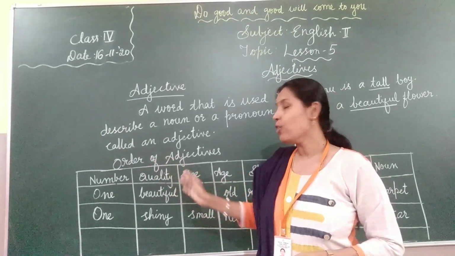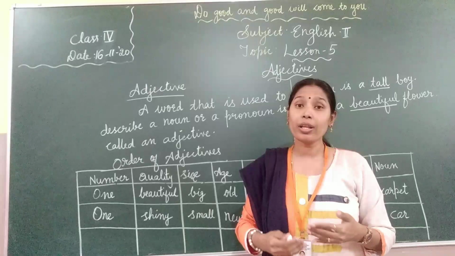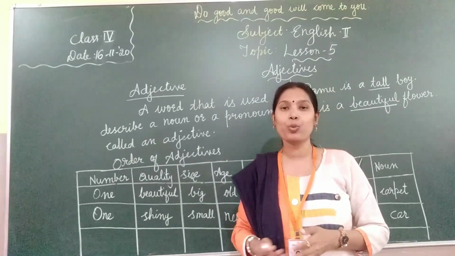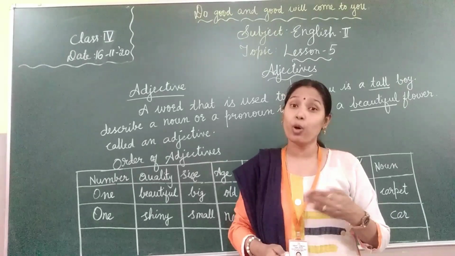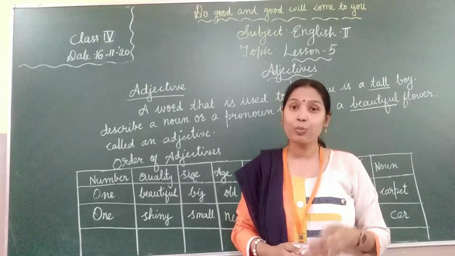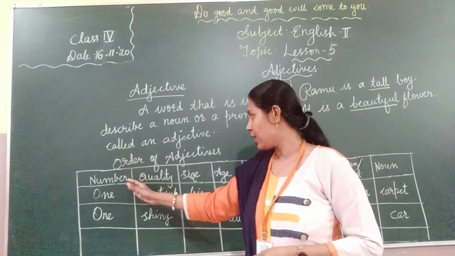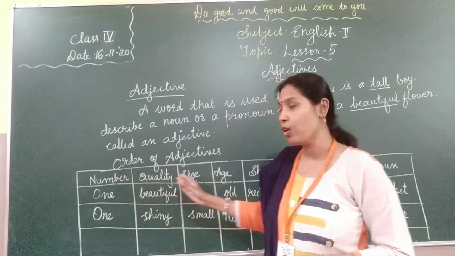Next, order of adjectives. When more than one adjective is used before a noun, then they should be put in correct order. So this is the table that will help you to know the order of adjectives.